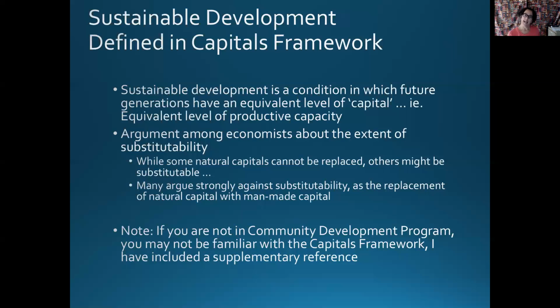And we'll get into that certainly when we talk about energy and climate change. To what extent, for example, can we substitute renewable energy sources for the fossil fuel-based energy sources that our current society is using for its primary energy source.